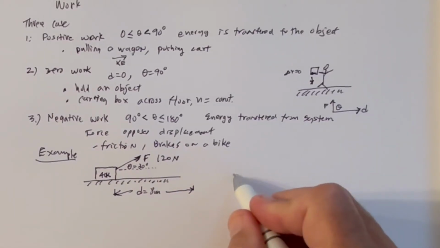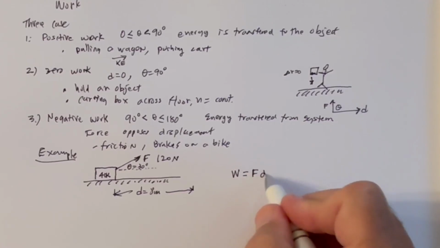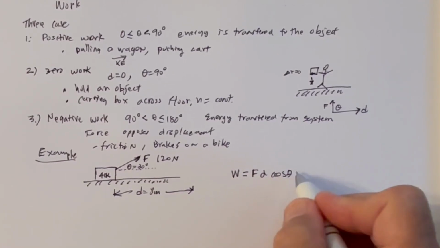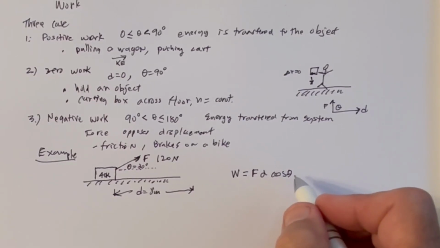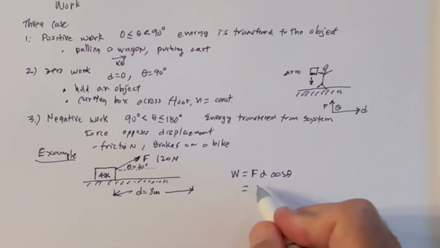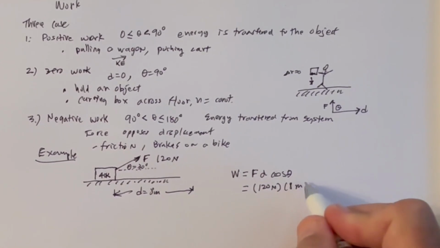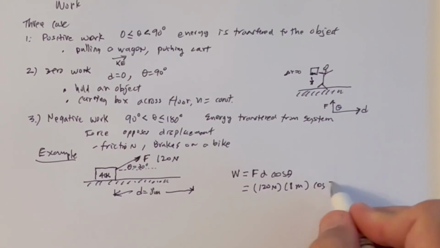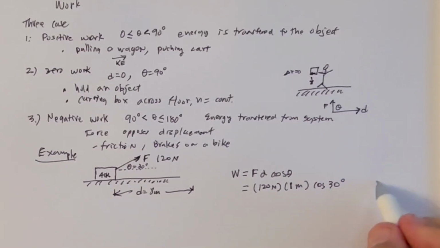So using the definition of what work is, force times distance times the cosine of the angle theta, where theta is the angle between the force and the displacement, our force in this case is 120 newtons, our displacement is 8 meters, and our angle is 30 degrees. You can see that's going to be newton meters for our units, which is equal to a joule, so that's good.